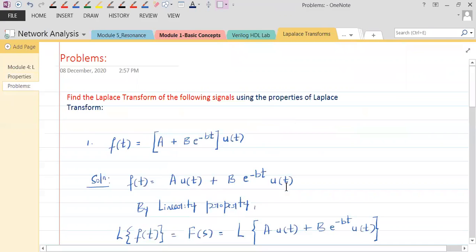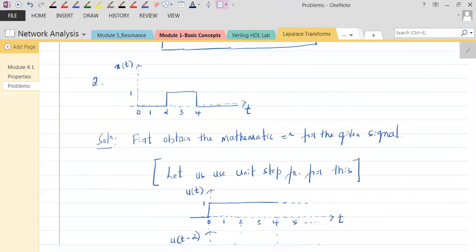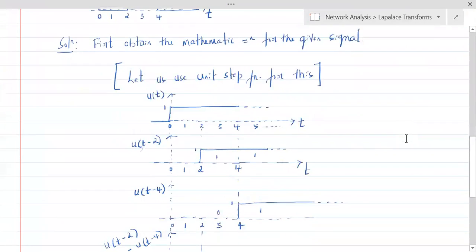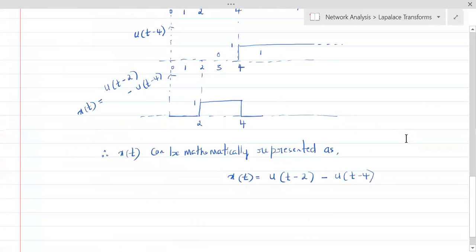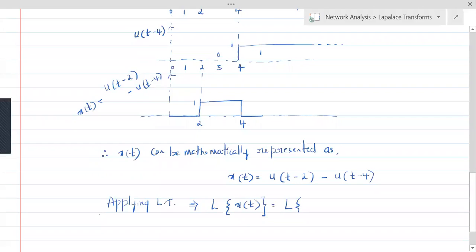So what do you think it is going to be? We shall see now. Okay. Now, applying Laplace transform, everybody just take down this. Applying Laplace transform implies Laplace transform on x of t equal to Laplace transform on u of t minus 2 minus u of t minus 4.